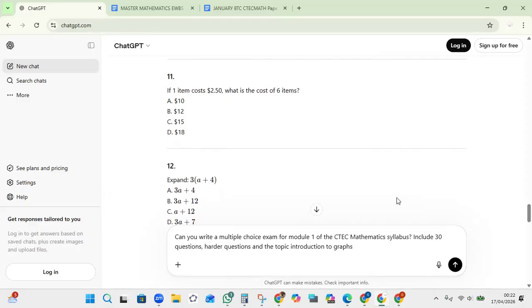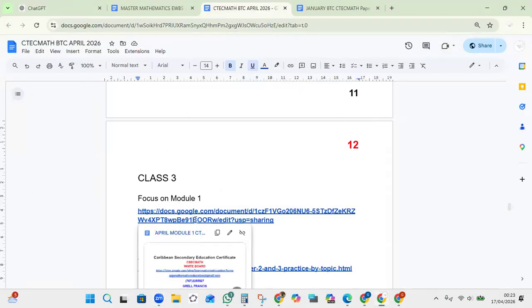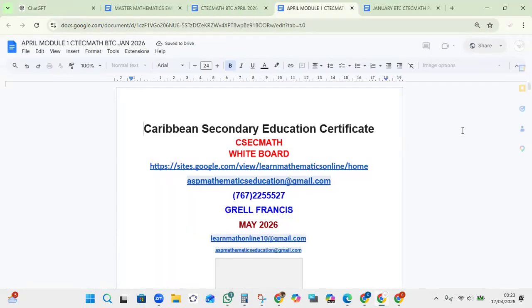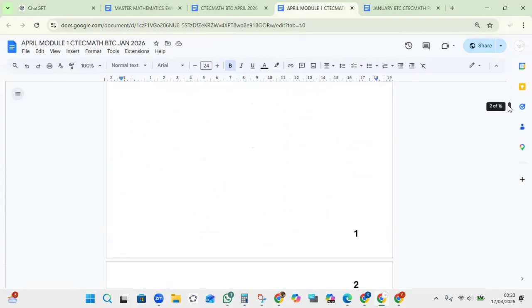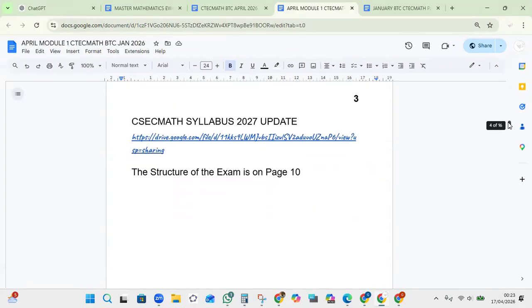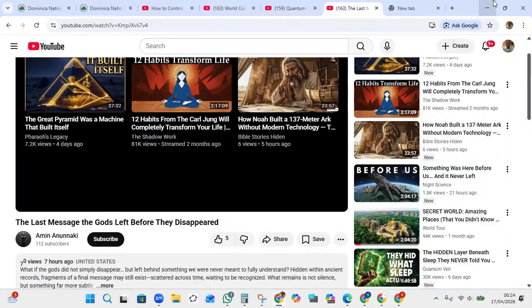Let's verify the topics. So we can click on the document, module 1, focus on module 1. And here we have the syllabus. We've got introduction to graphs, algebra 1, measurements, sets.